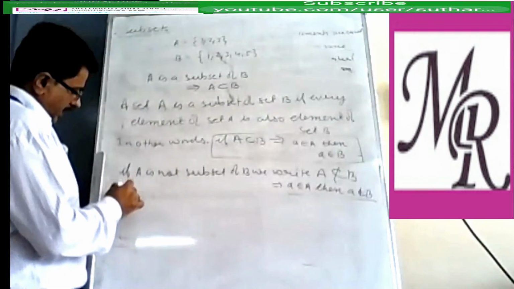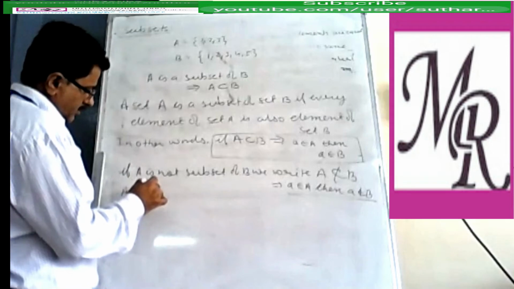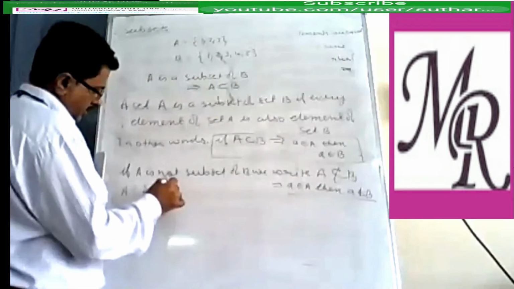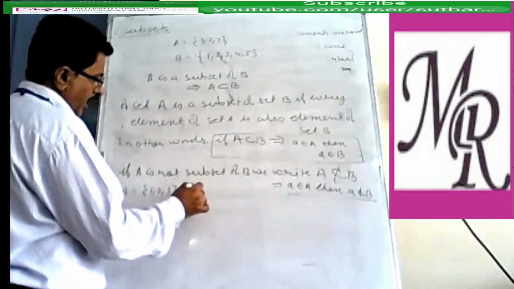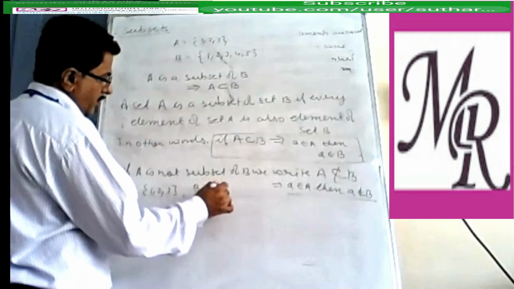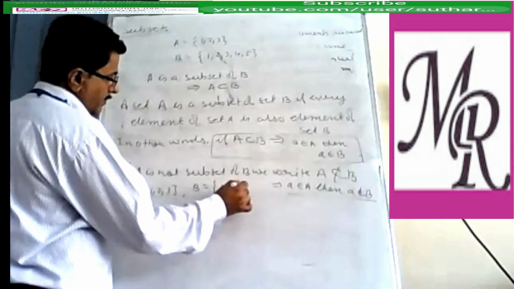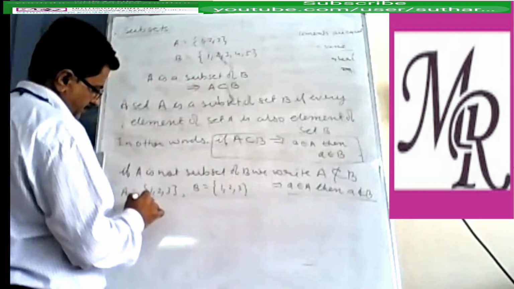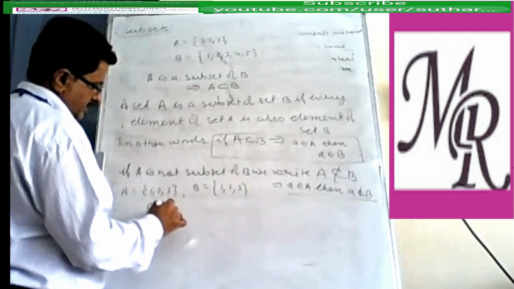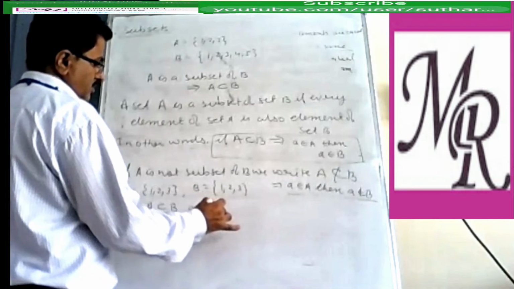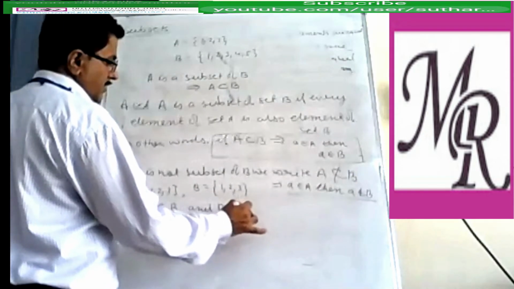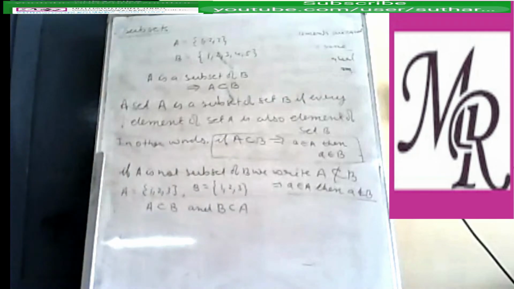Considering two sets, A is 1, 2, 3 and B is also 1, 2, 3. Then can you say A is a subset of B or not? Yes, sir. Subset. A is a subset of B. Or B is a subset of A. Yes, sir.